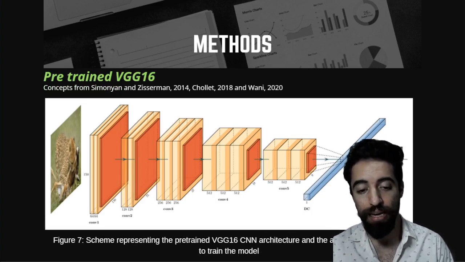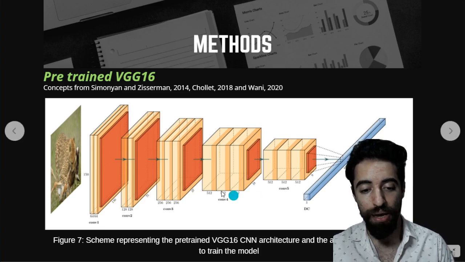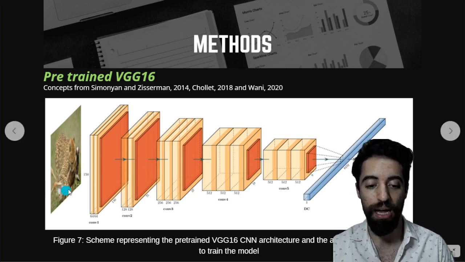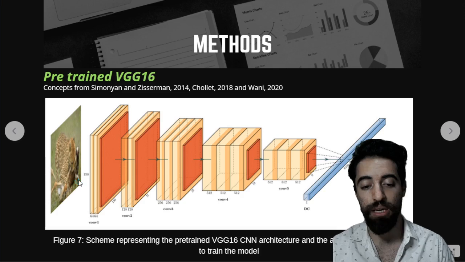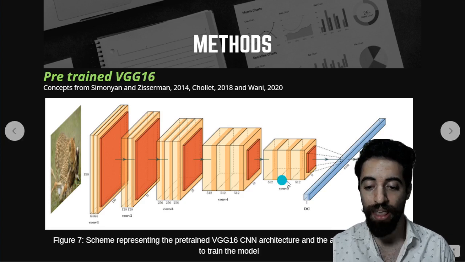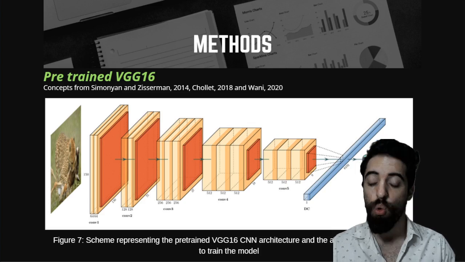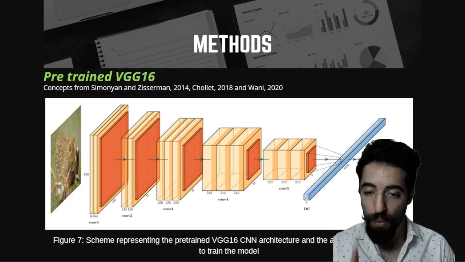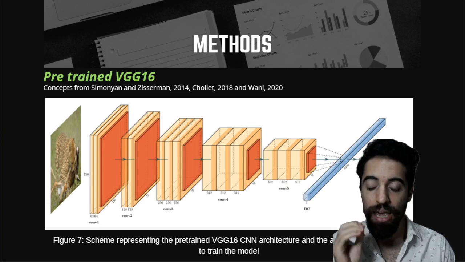So we bring the picture here, for example, that cheetah, at a size of 150, and then we go through the VGG16 architecture, and up to here we have the well-known VGG16 with the parameters trained on the ImageNet dataset.